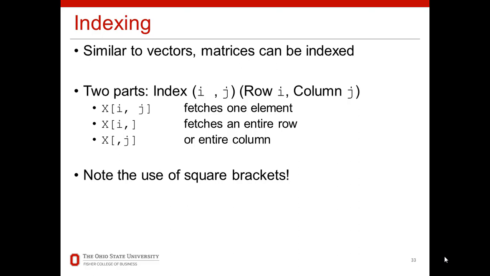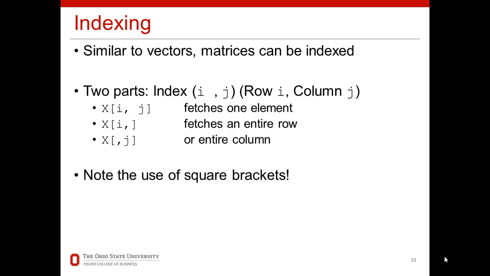I don't care what column it is, just give me the whole row. Well, if you put X square bracket i comma and then leave the column entry blank, it assumes you mean give me all the rest, the entire row, every single column. And similarly, if you want every single row inside a column, you can put a comma and the column index.